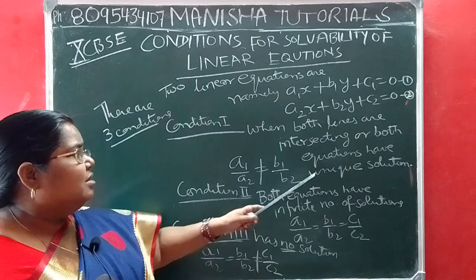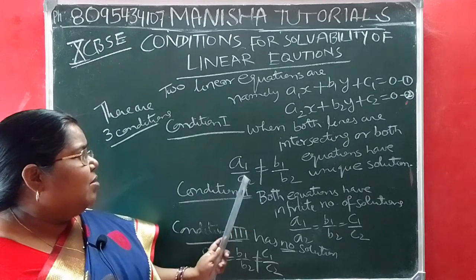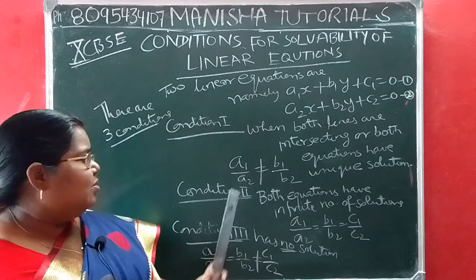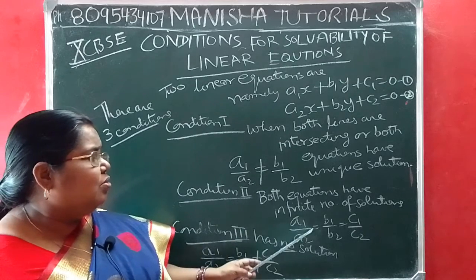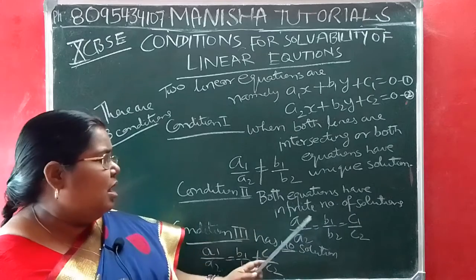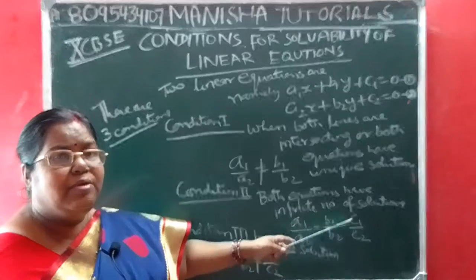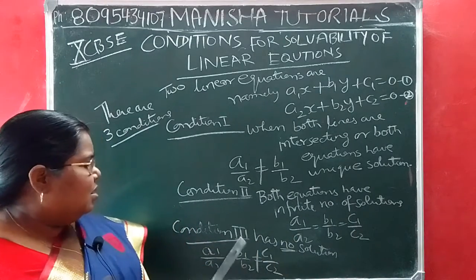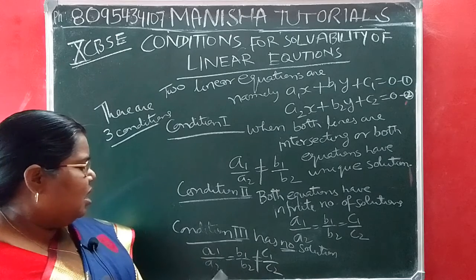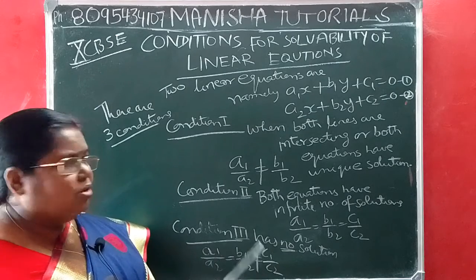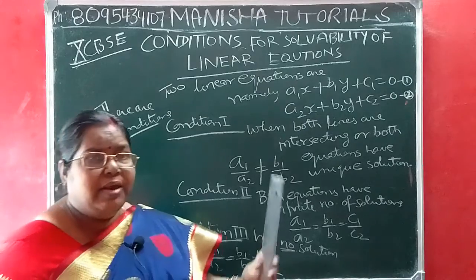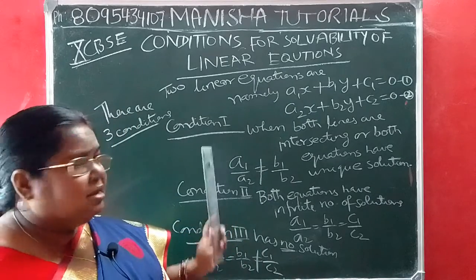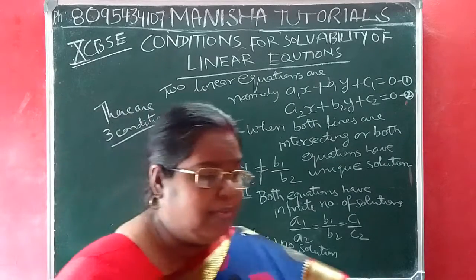Condition 1, intersecting, unique solution, a1 by a2 is not equal to b1 by b2. Infinite number of solutions, all equal, a1 by a2 is equal to b1 by b2 is equal to c1 by c2. Third condition, no solution, a1 by a2 equals b1 by b2 is not equal to c1 by c2. Based on all three conditions, I will solve three problems easily.